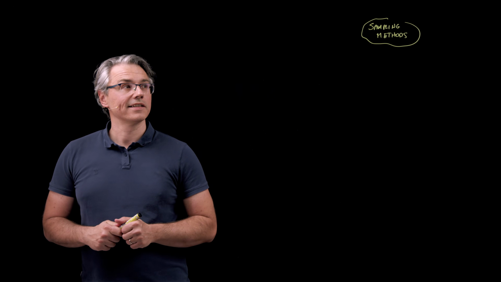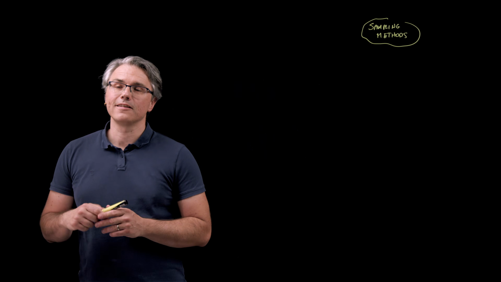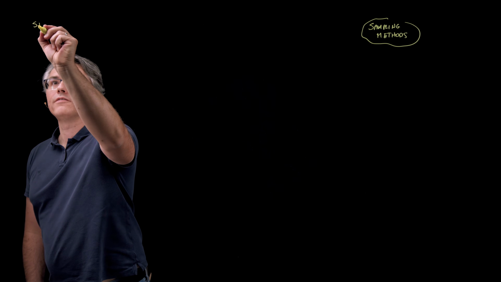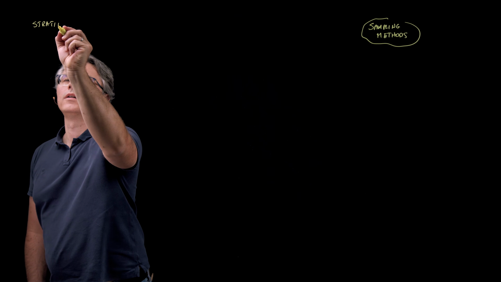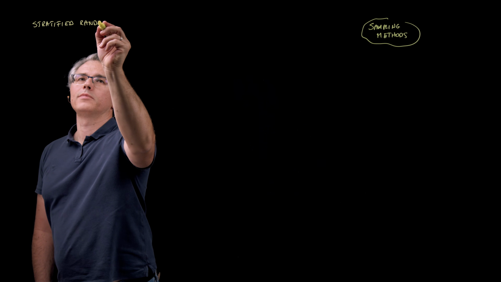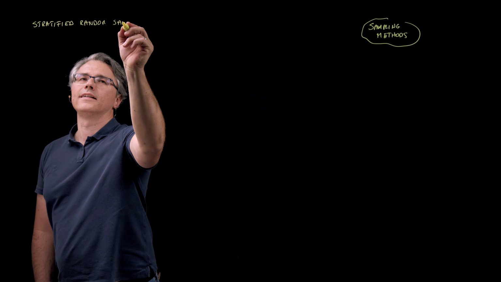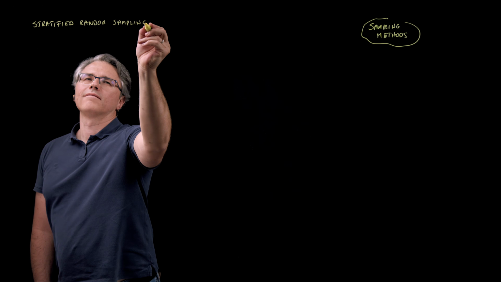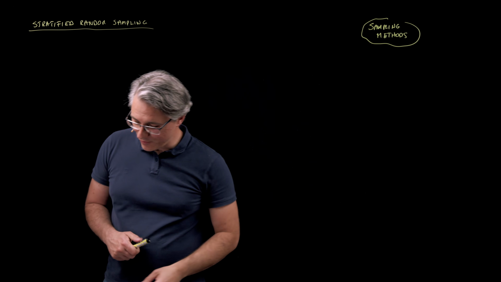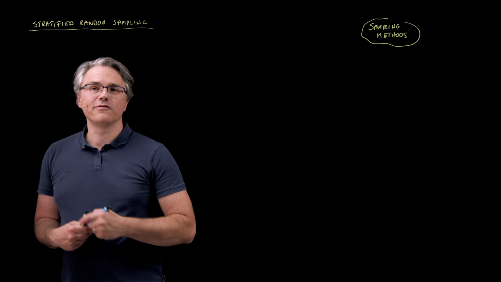The next method of sampling, once again sticking to probability sampling methods, is stratified random sampling. Somewhat more complex as compared to the previous one. So what's going to go on here?